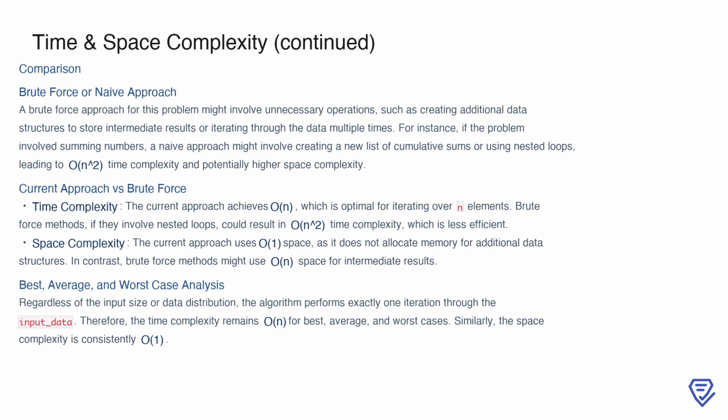In contrast, the current approach achieves an optimal O(n) time complexity by processing the input in a single pass and O(1) space complexity by avoiding additional memory allocation. Importantly, this algorithm's performance holds steady across best, average, and worst cases, as it always performs a single iteration through the input data. This consistency ensures both time and space complexities remain O(n) and O(1), respectively.